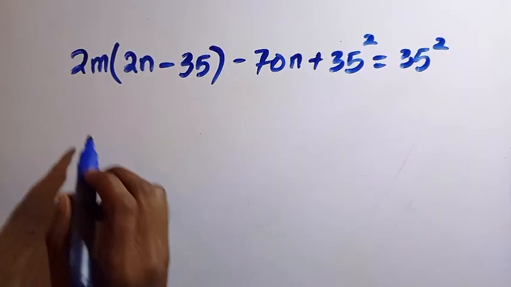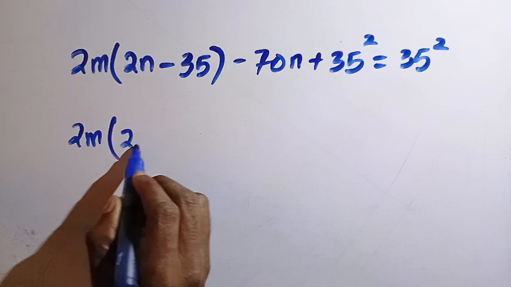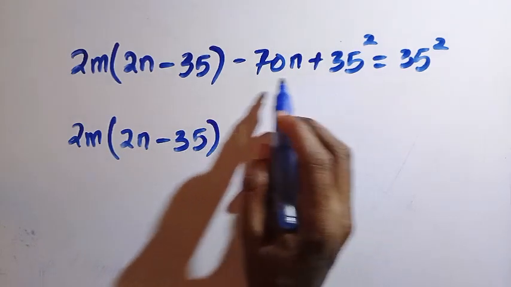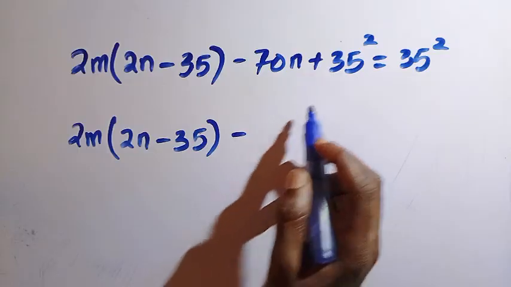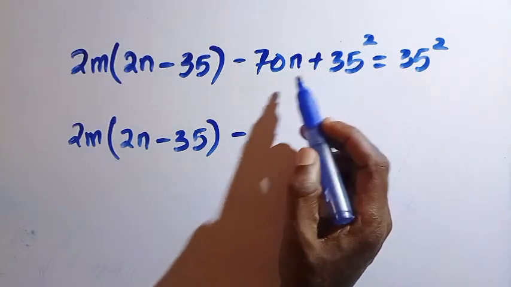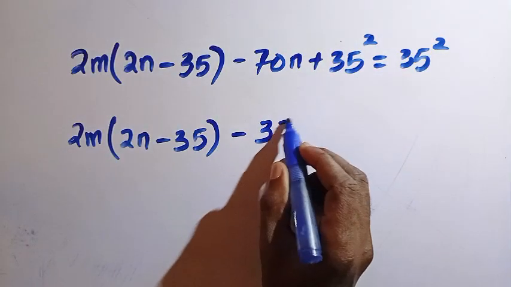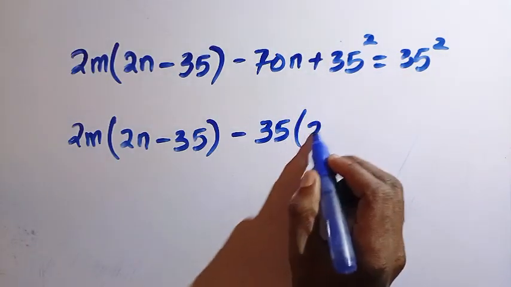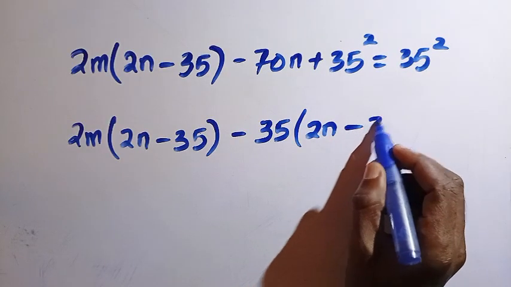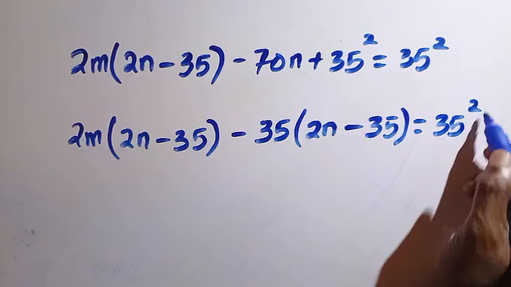Then this is now easy to solve. We have 2m bracket 2n minus 35. Then we can take something out here, which is 35 squared. So we can take out 35 from here. By taking out 35, there remains 2n minus 35 equals 35 squared.